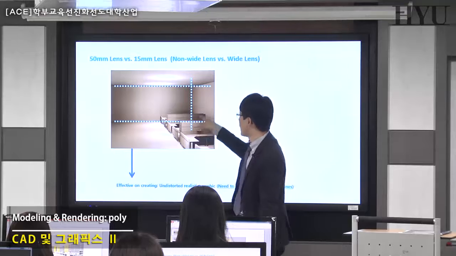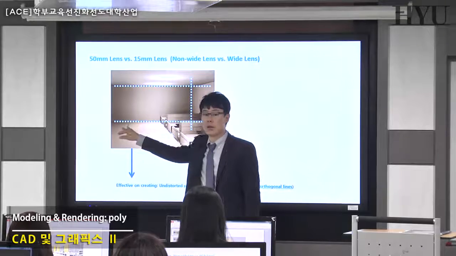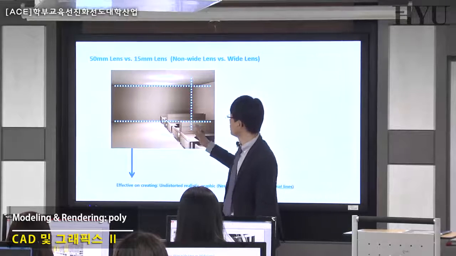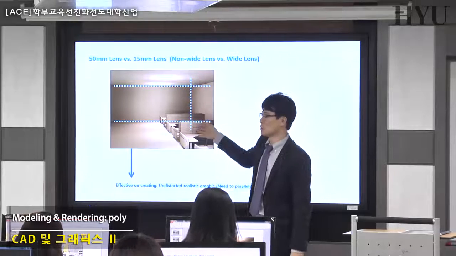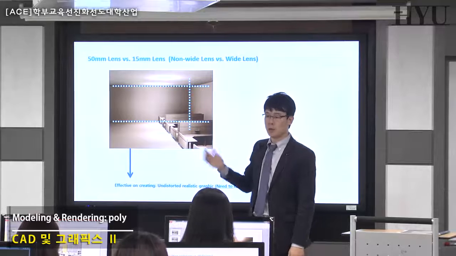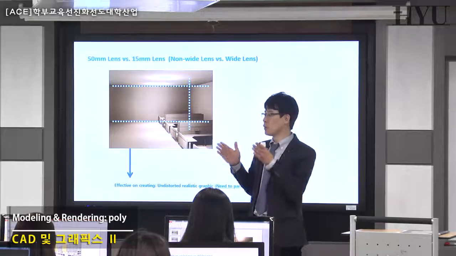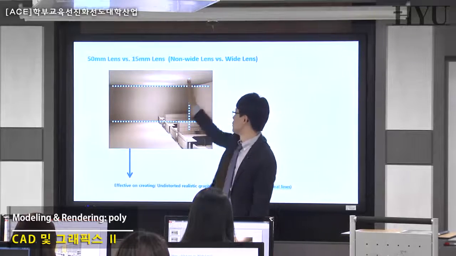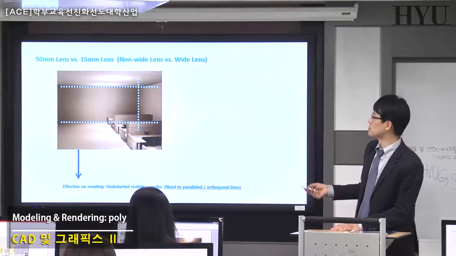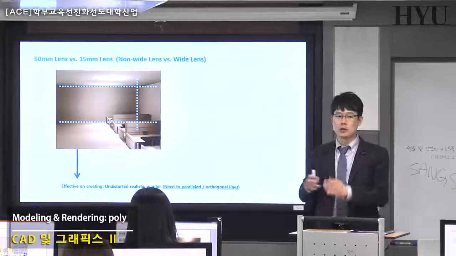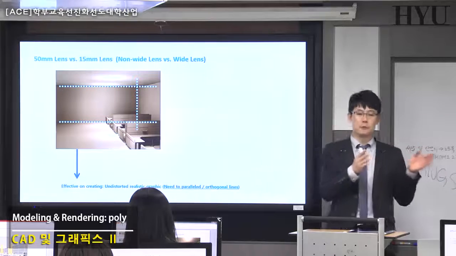In other words, 90 degrees to your horizontal line, okay? If this angle is angled or distorted, that picture looks not that professional. Every single professional picture has this kind of orthogonal lines.